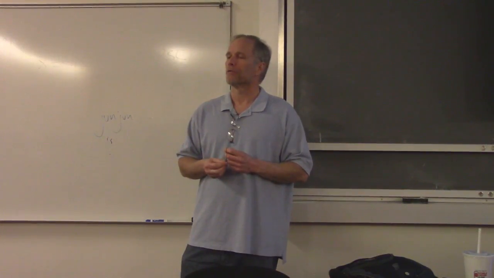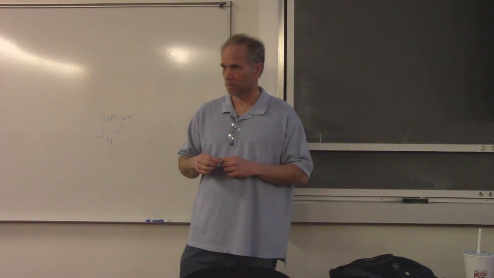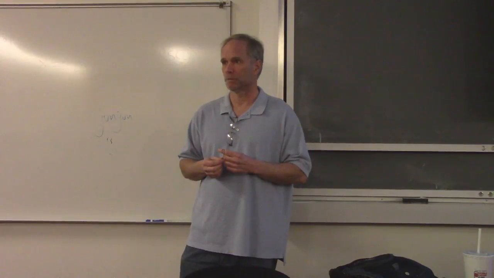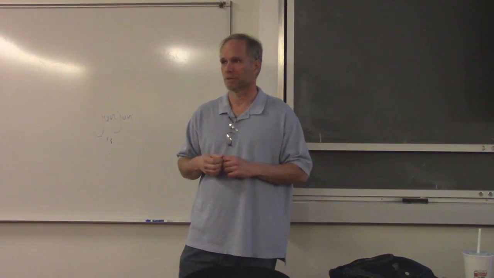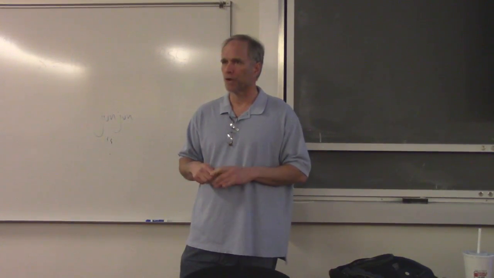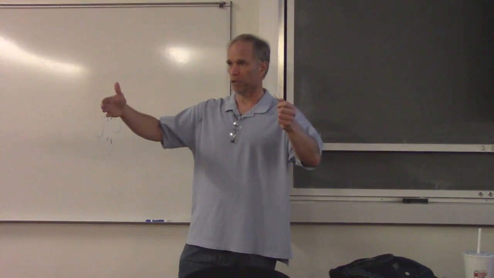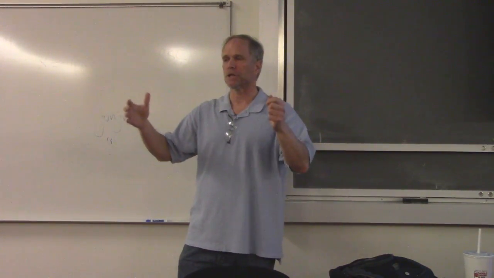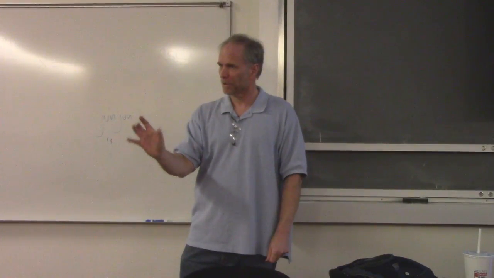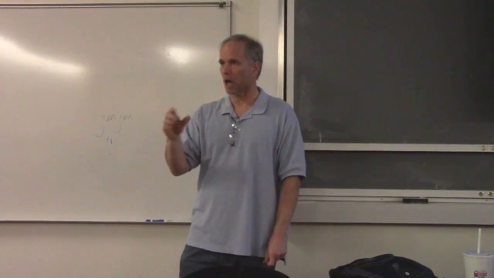Okay, so if a parameter is 1,000,000, what's the size of the input? How many bits? It'd be log of a million. Right, it's 20. Log of 1,000,000 is 20. So when you're trying to express the complexity of an algorithm that takes an integer as its input, you need to express it in terms of the number of bits in the integer, which is the log of the magnitude.